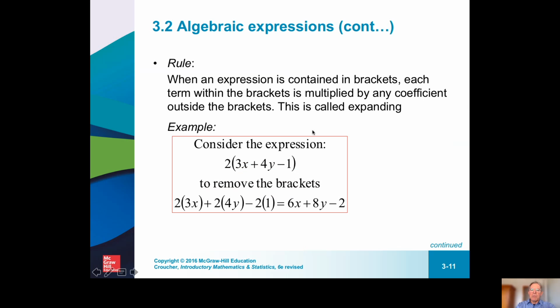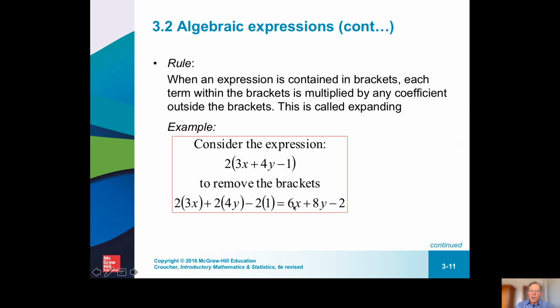What about expanding the bracket? Sometimes we need to do that. So each term inside the brackets, to make it work, has to be multiplied by the term outside the brackets. So this becomes 2 times 3x plus 2 times 4y, 2 times minus 1 equals minus 2.